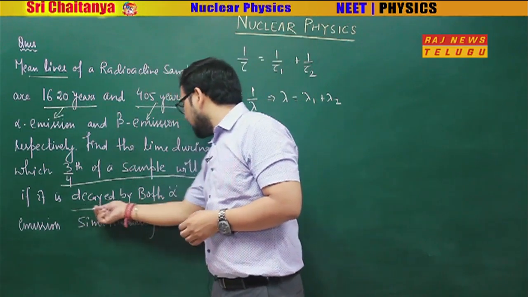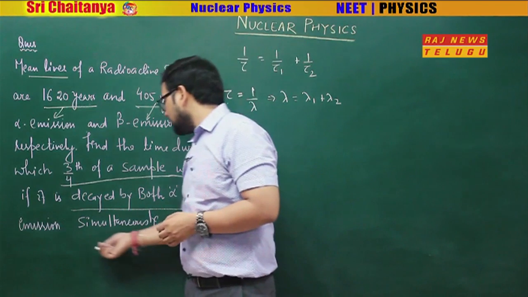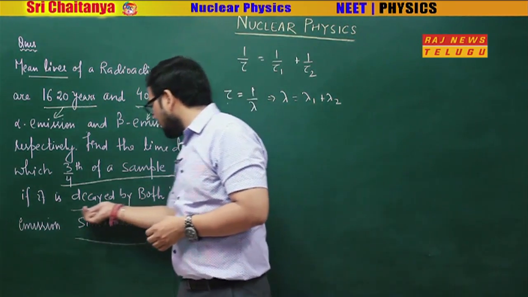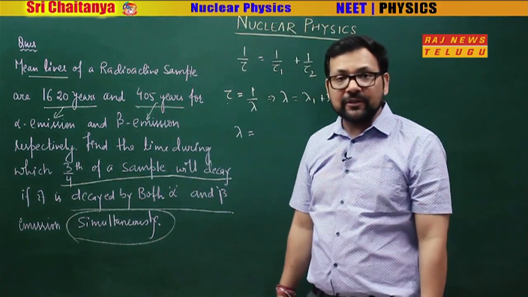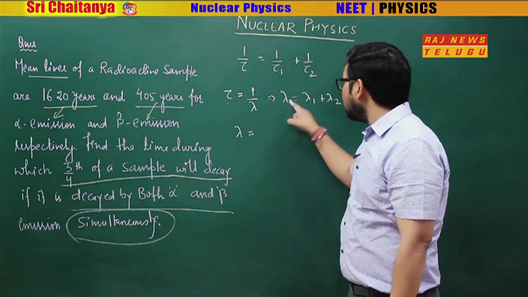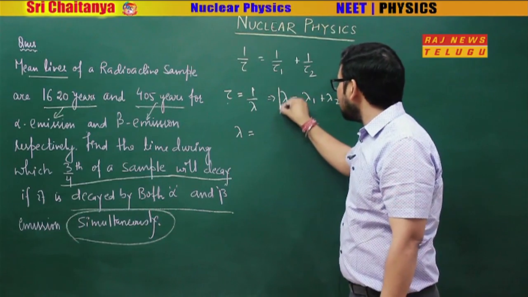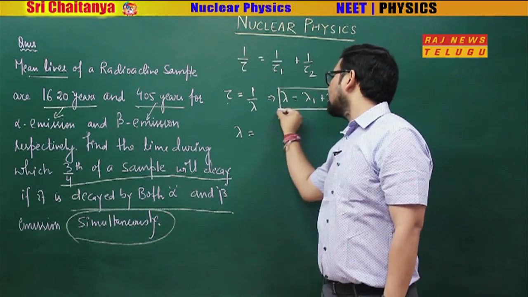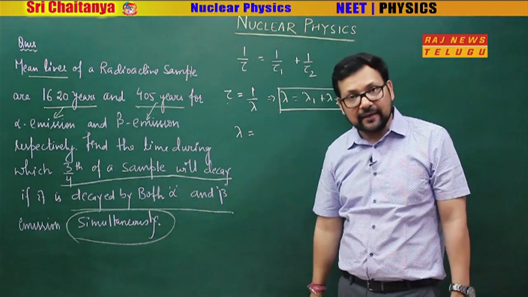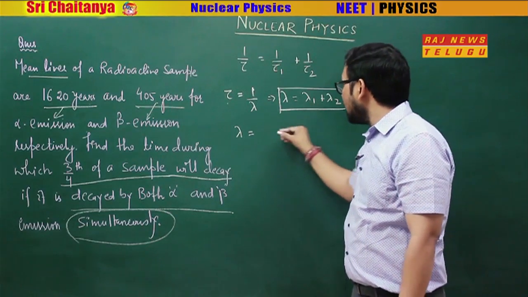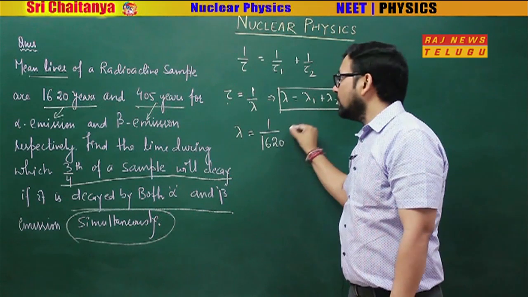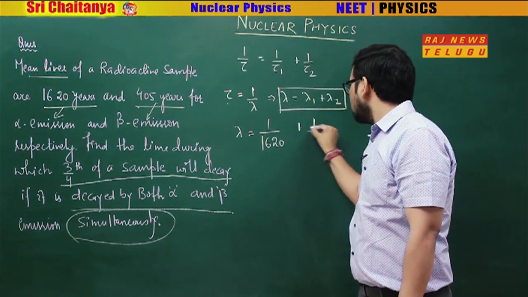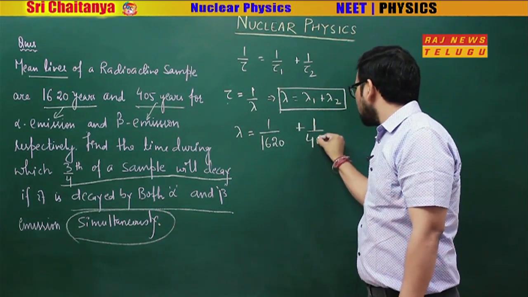And it is decayed by both alpha and beta emissions simultaneously, this is the important word. We are discussing the concept of parallel emission in this solution. So lambda 1 plus lambda 2 is what we use in case of simultaneous decay. So lambda is 1 upon 1620 plus 1 upon 405.